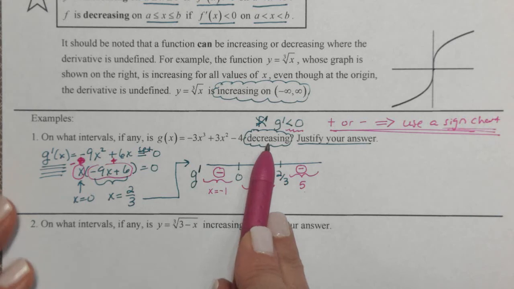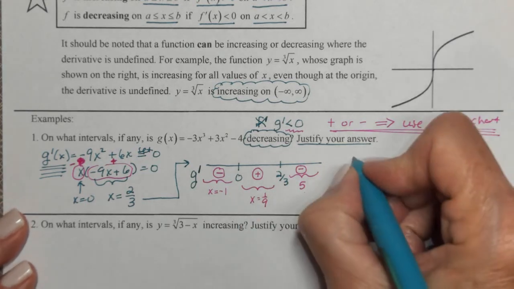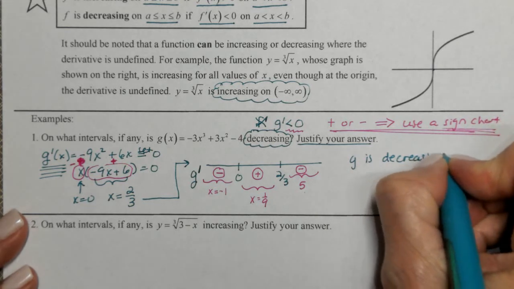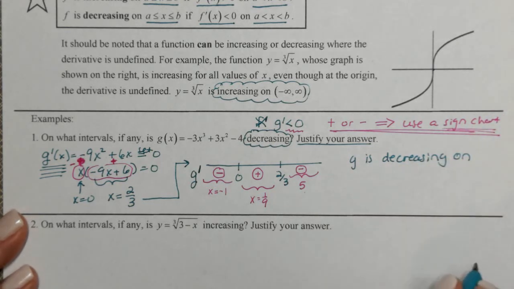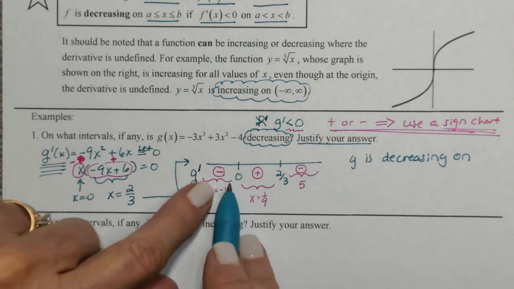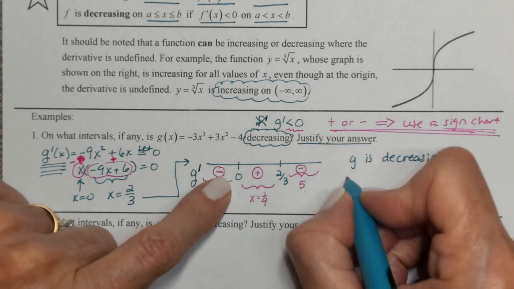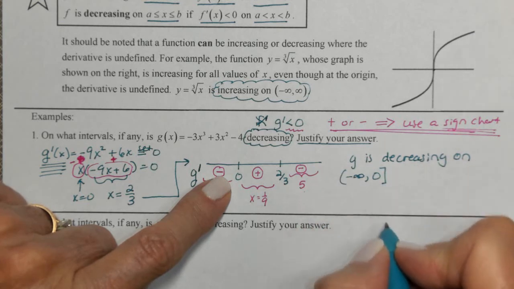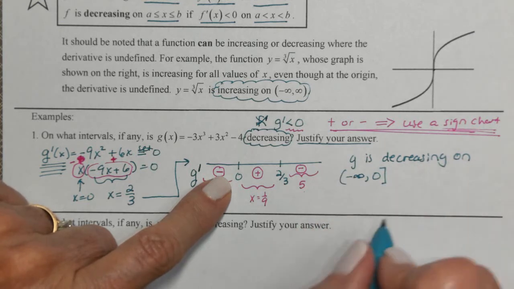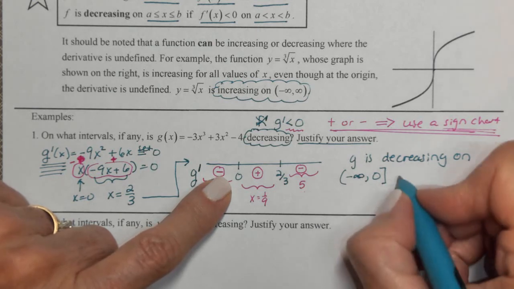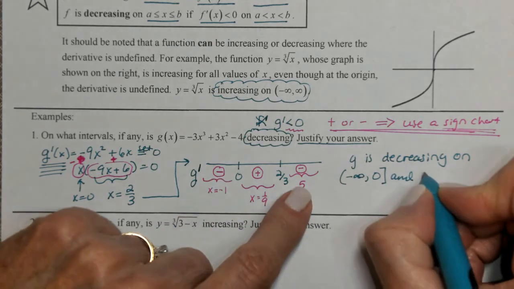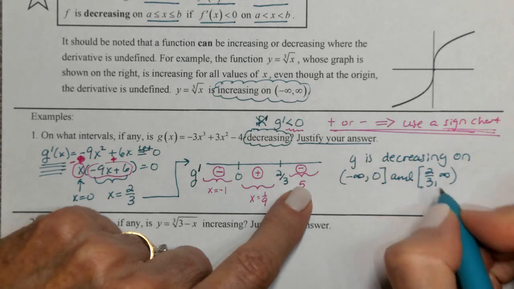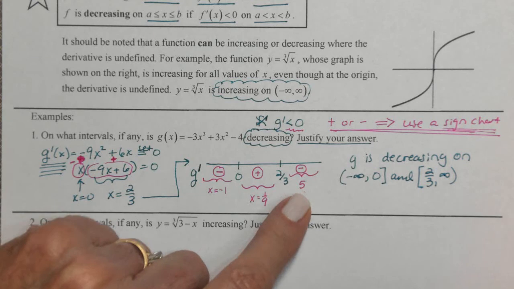All right, let's answer this question. We're looking for g to be decreasing. I will say that g is decreasing on negative infinity to 0, including 0 technically, according to the definition we include that 0, and 2/3 to infinity, again technically including the 2/3.